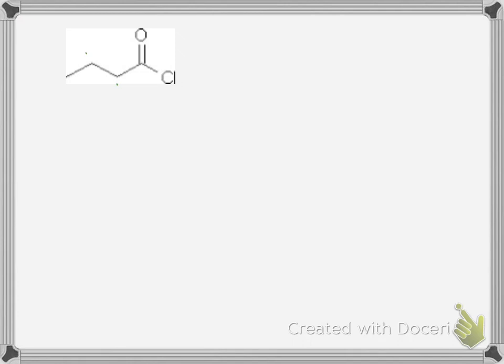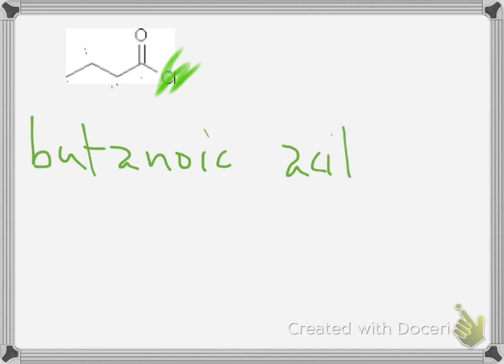So let's look at this specific example here. So it's an acyl halide. And first off, I just want you to ignore the halogen there. And if that was a carboxylic acid, let's name it. So there's 1, 2, 3, 4. So it would be butanoic acid. Okay.